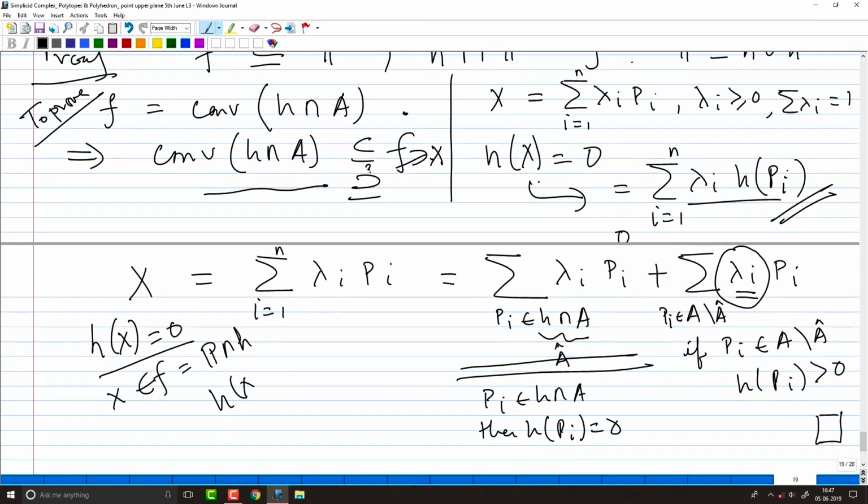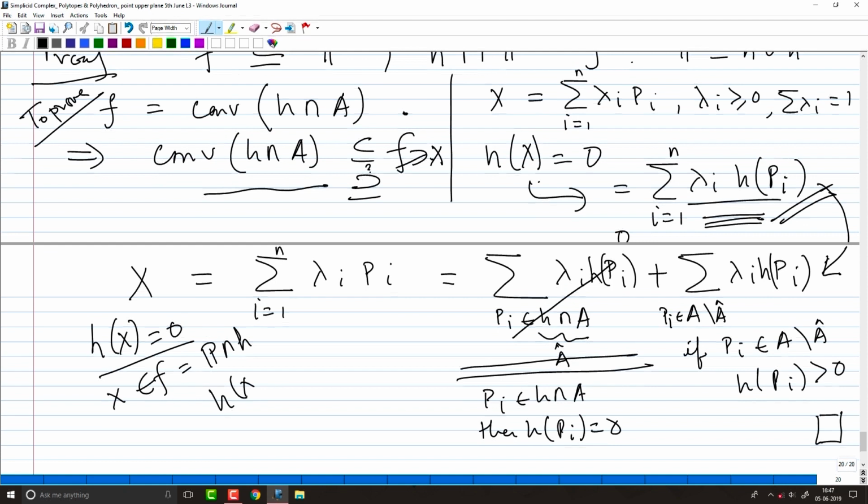So, this summation itself, I can write it as this term is equal to this term. Good.